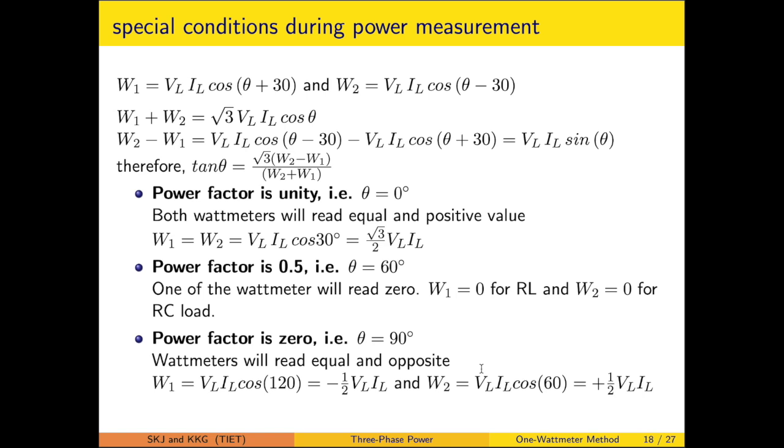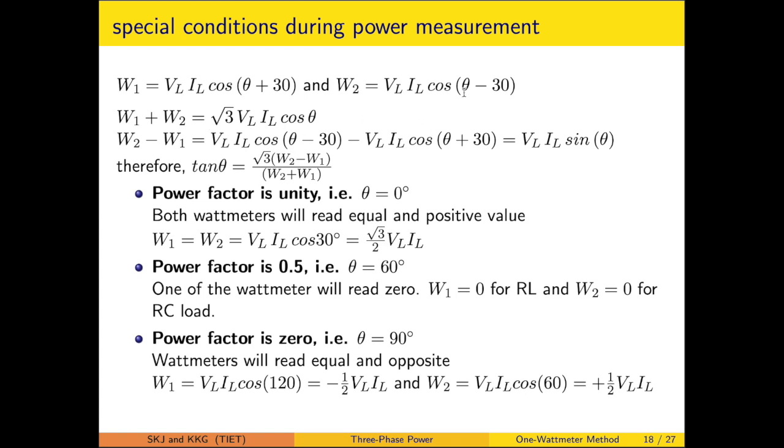Now there are some other salient points which we have to understand regarding these power measurements. This is a summary of the equations for W1 and W2. W1 plus W2 is the total power. We have carefully considered theta minus 30 likewise.